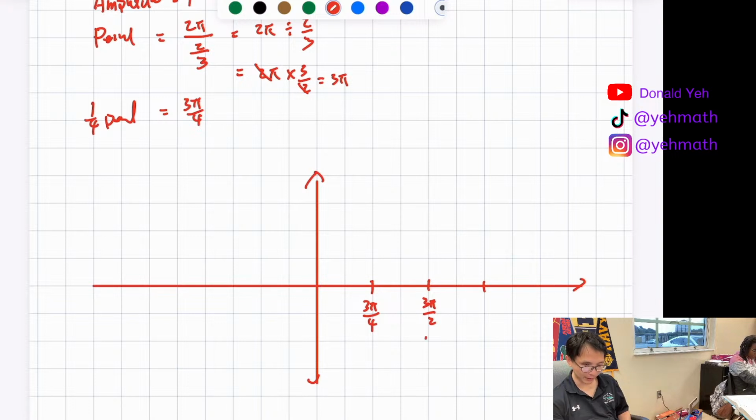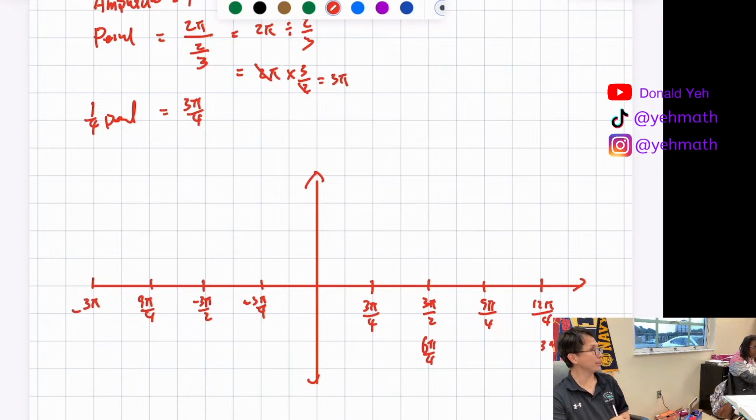So this is 6 pi over 4, this is 9 pi over 4. I will always do it and just simplify it later. So that's 12 pi over 4, and I'll simplify that to 3 pi. Same thing here: negative 3 pi over 4, negative 3 pi over 2. Now I can copy on the other side: negative 9 pi over 4 and negative 3 pi.